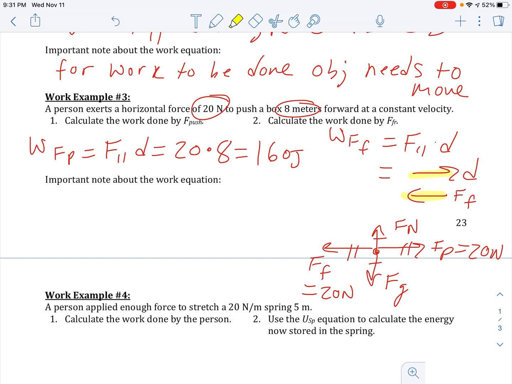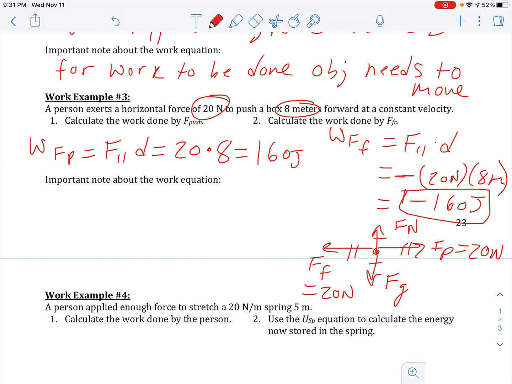They're parallel, but they point in opposite directions. And when that happens, it means that the work is going to be negative. So we put a negative sign in front of that, and then we do 20 newtons times 8 meters, and then we get not 160, but negative 160 joules is the work done by force friction.